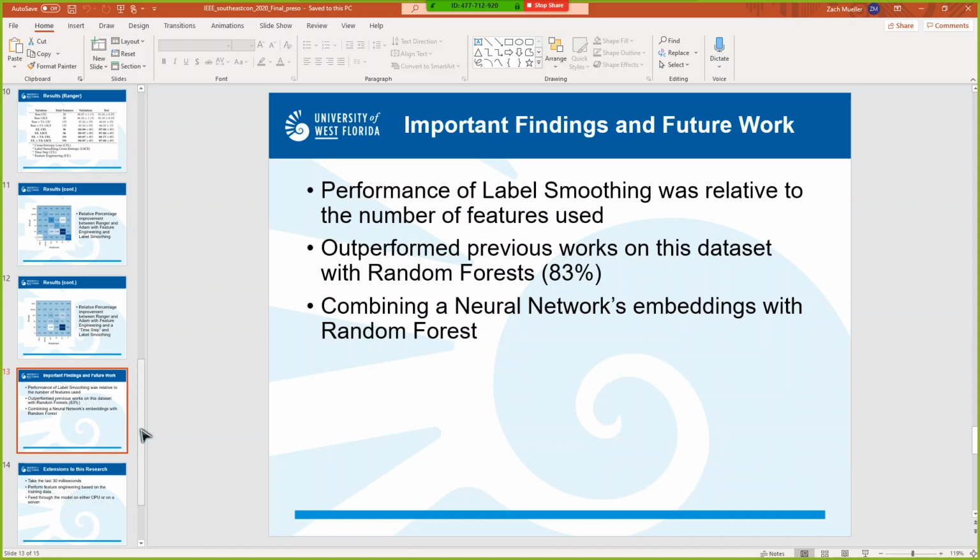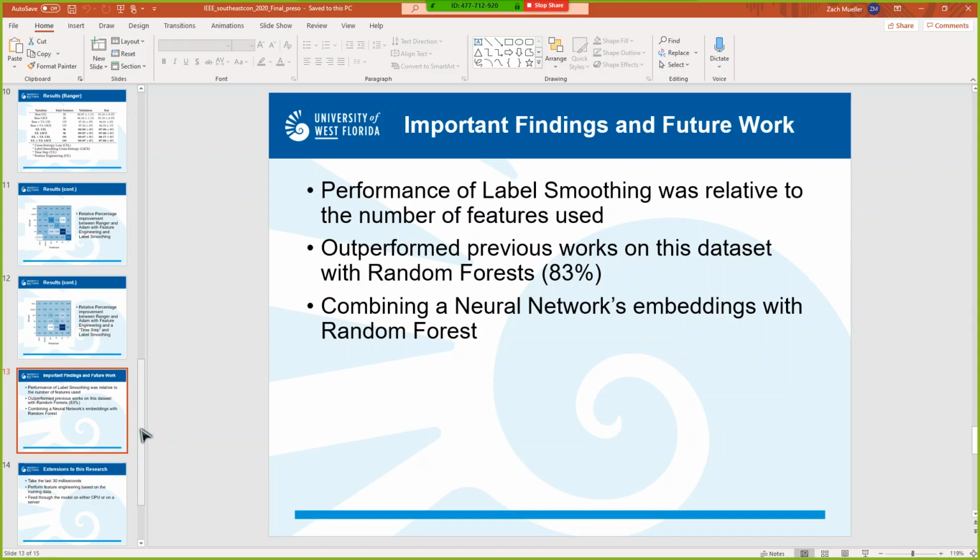As our number of features increased, label smoothing was seeing more of an impact, but once we started introducing those time steps with the feature engineering, while there were statistically significant differences, they weren't nearly as large compared to the other results. This outperformed the previous works on this data set with just random forest, with an 83% is what they achieved.